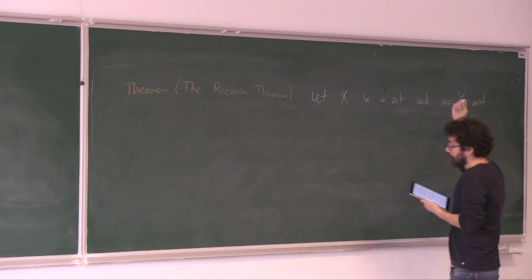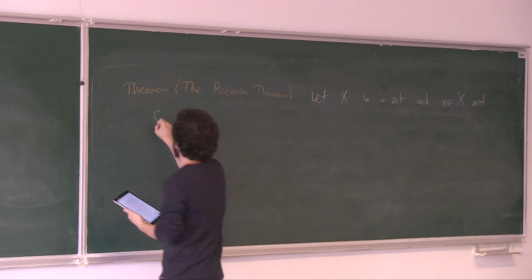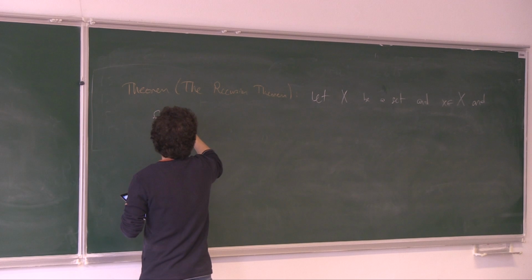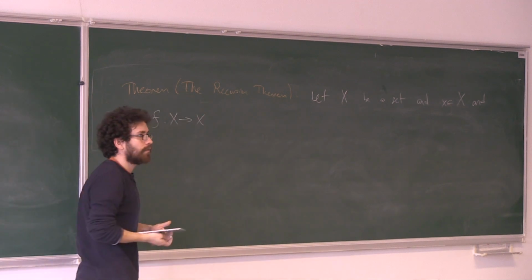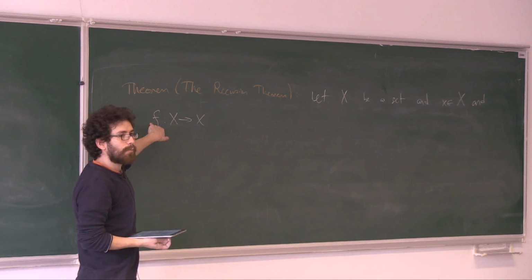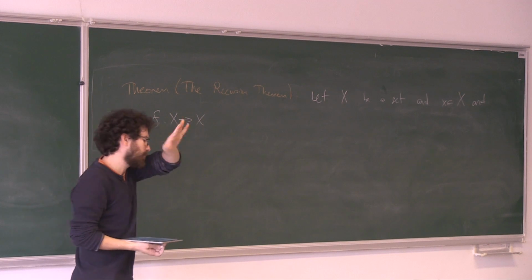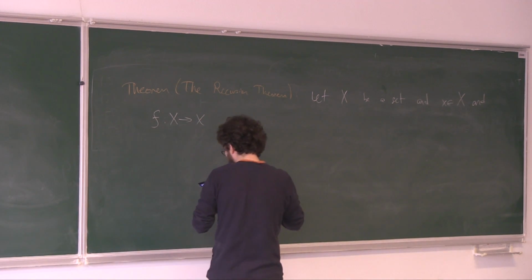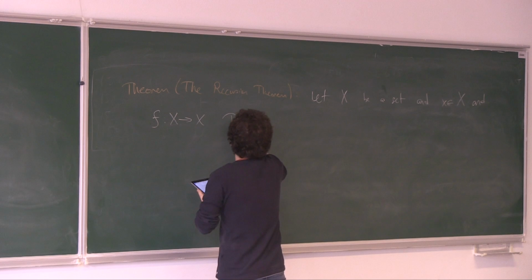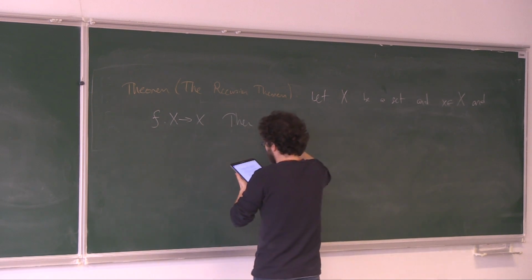And we have a function f from X to X. Now this function is supposed to represent the recursive step. What I mean by that will become clear in a second. Let me finish stating the theorem.